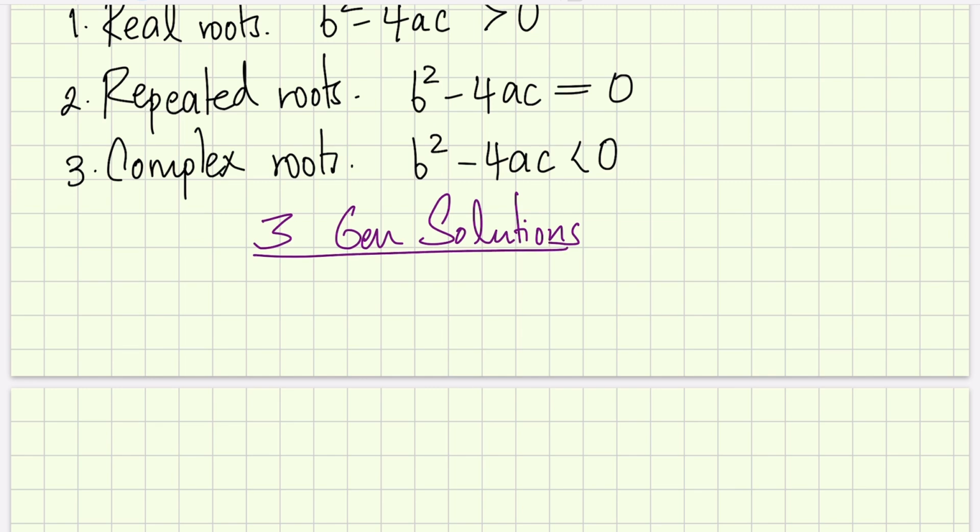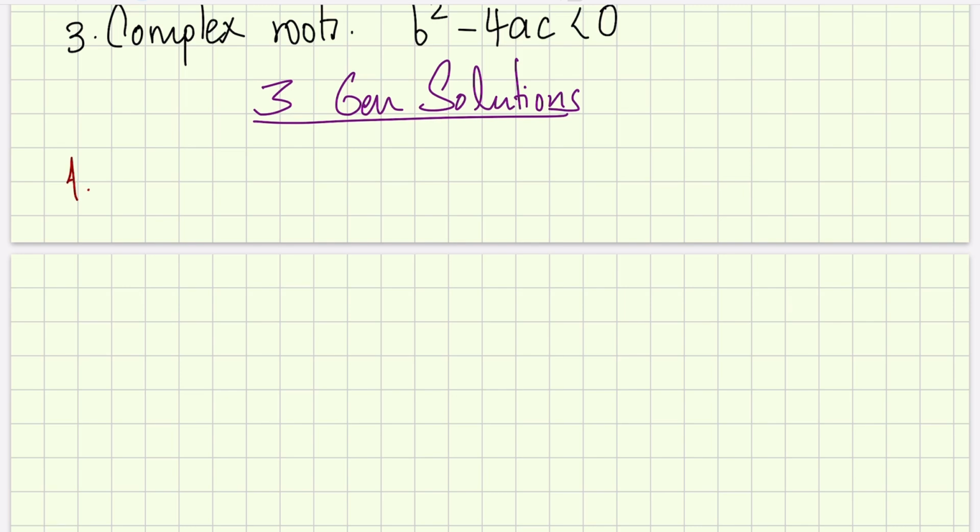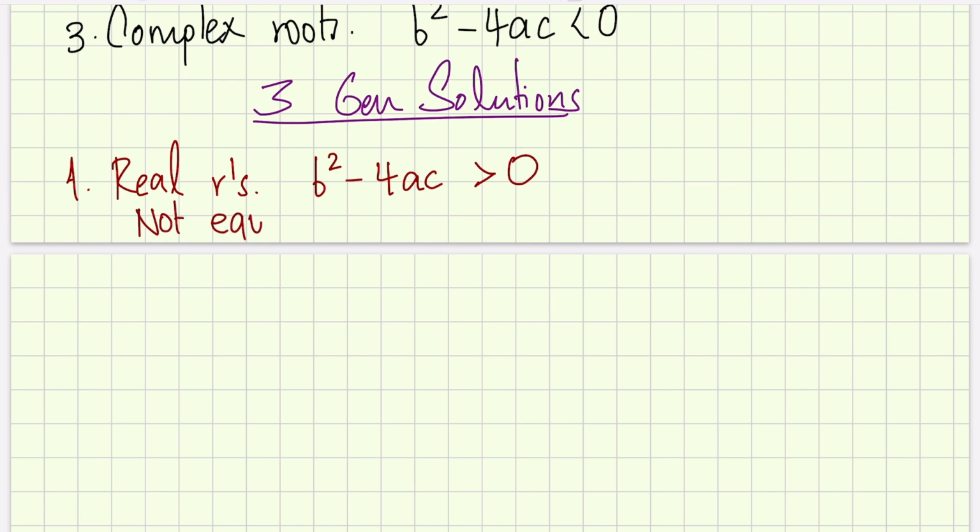So for the first one, for our real roots, which we said we get from b squared minus 4ac greater than 0, and assuming these are not equal, our solution is of the form y is equal to b1 e to the power r1x plus b2 e to the power r2x. Now r1 and r2 are the roots here.